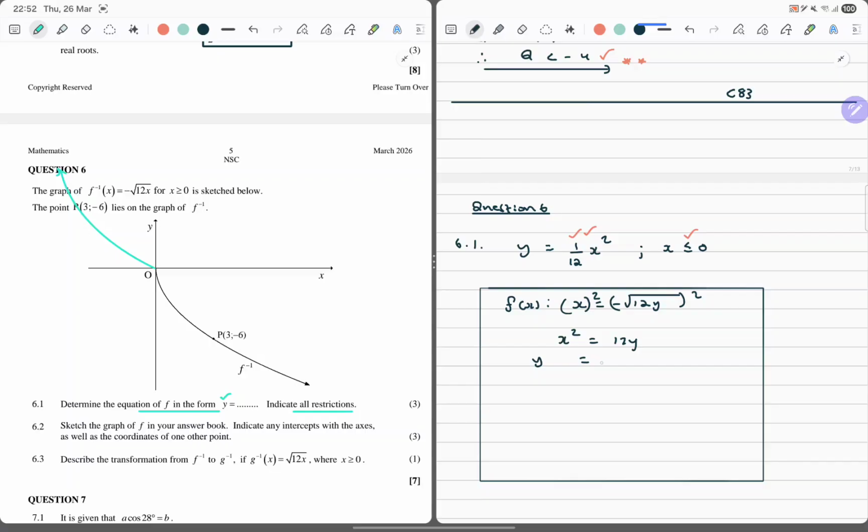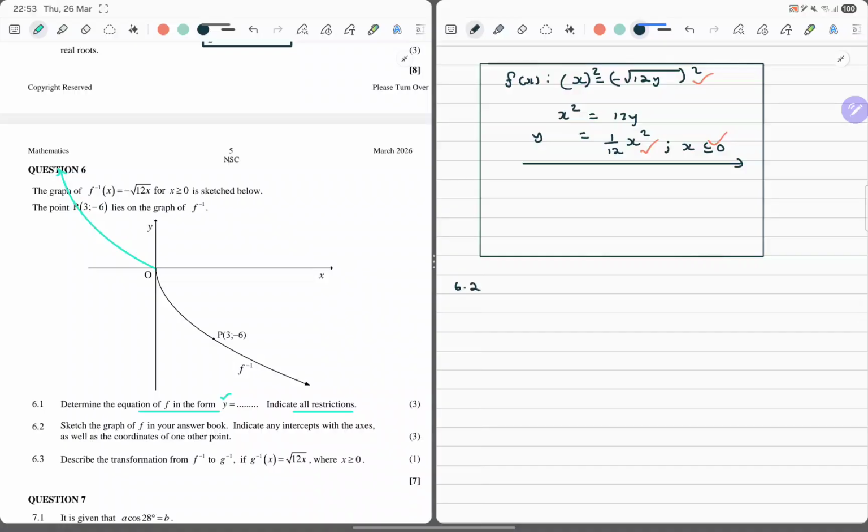Then we solve for y. It's going to be 1 over 12 x squared. But remember, we need to decide now, what should this be? x must be less than or equal to 0, because that would be the reflection of that. These things can be quite challenging if you don't know them graphically, but you do your thing. So the swapping, the answer, and the restriction. Okay, easy.